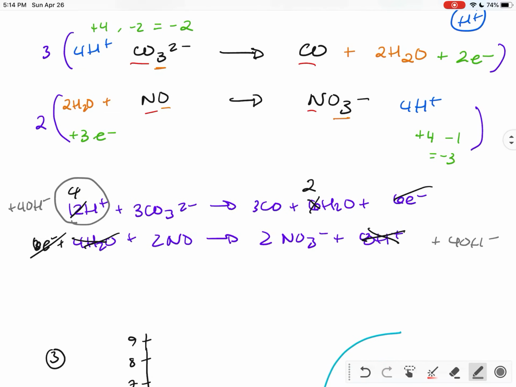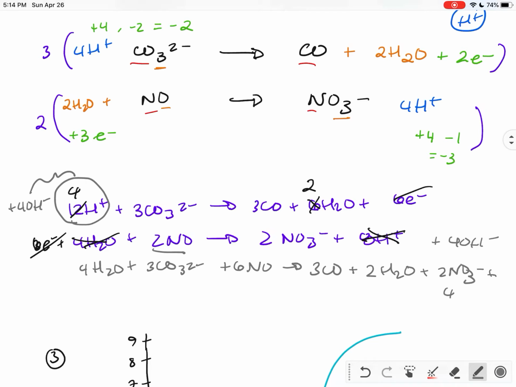Here, if we have 4OH- and 4H+ right next to each other, they can actually be 4H2O. So we'll get 4H2O plus 3CO3 2- plus 6NO, because I'm including this, goes to form 3CO plus 2H2O plus 2NO3- plus 4OH-.